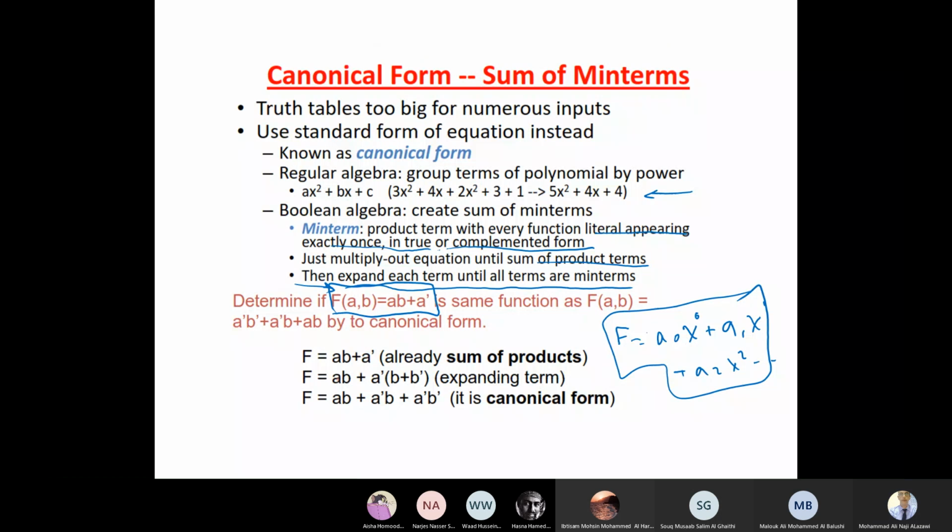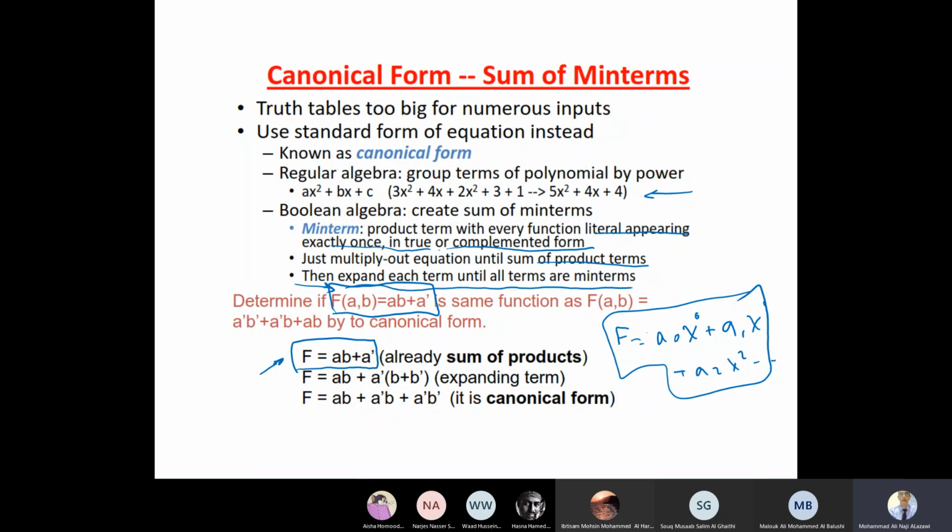Let's see now the method here that I explained to you. We have the equation here: f equal AB plus A prime. It's already sum of products. Why? Because, just to make it clear, this is sum of product, right?